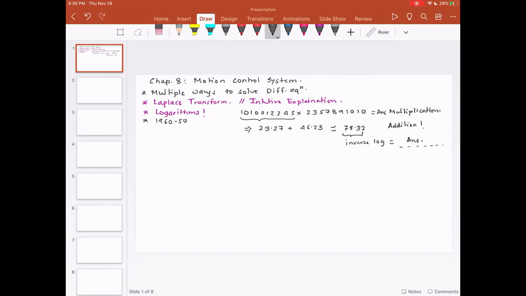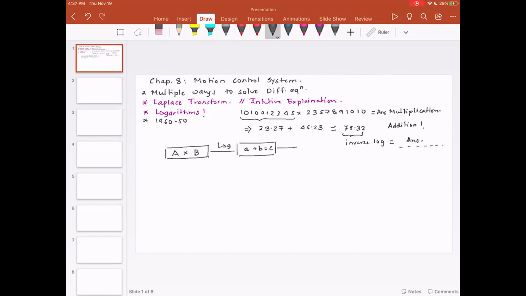So let's look at the steps. Initially, you had this system, this multiplication operation. You took the log of it. Once you took the log, I'm going to call these A and B, this got converted to a simple operation, that is addition, and these numbers are small.